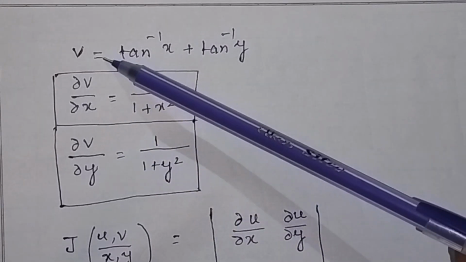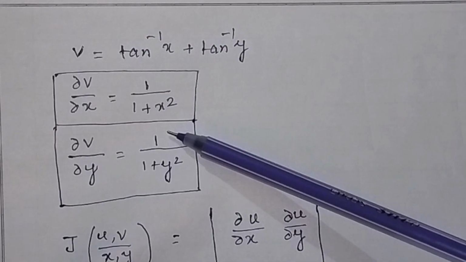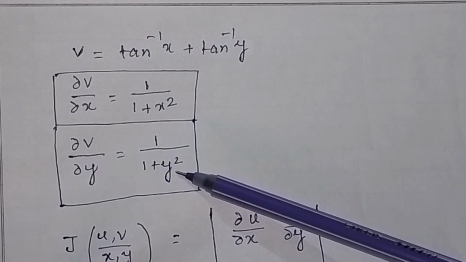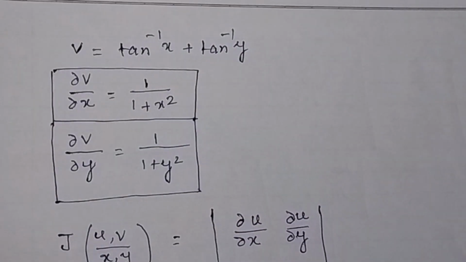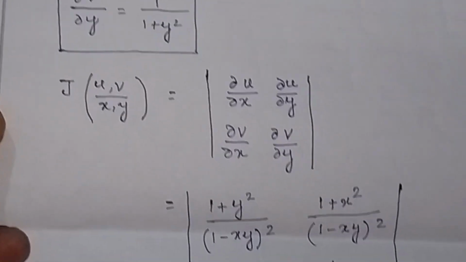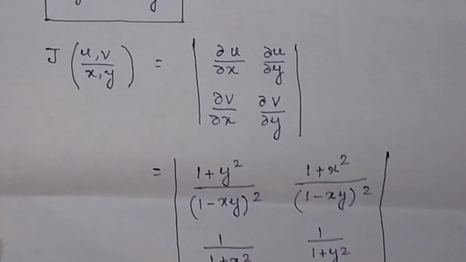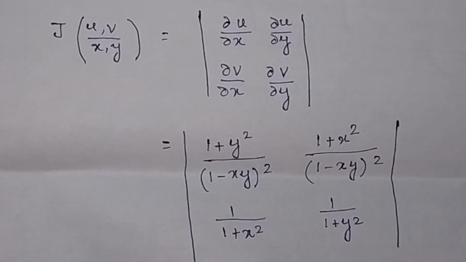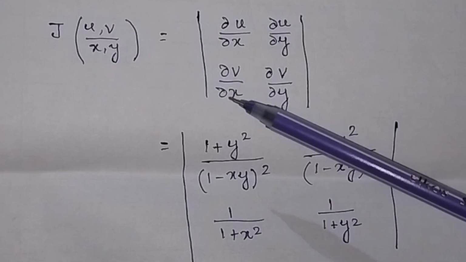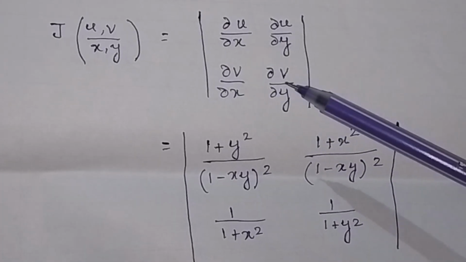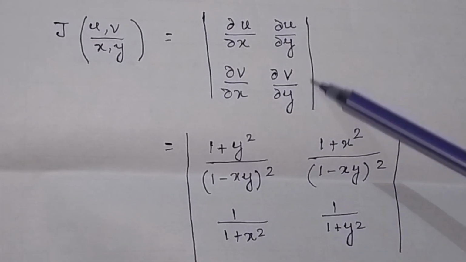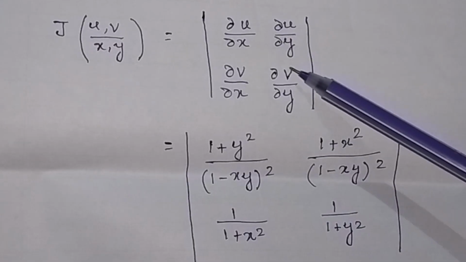Similarly, the partial derivative of v with respect to y will be equal to 1 by (1 plus y square). Now what we have got, all four partial derivatives, we will put in the determinant.